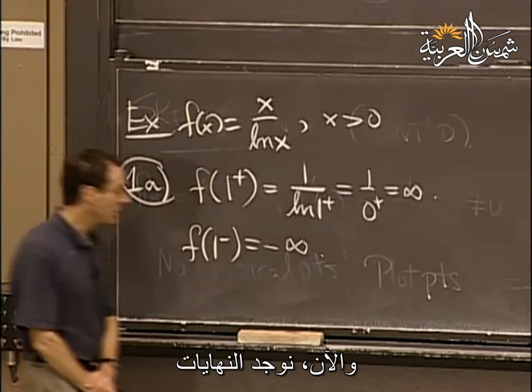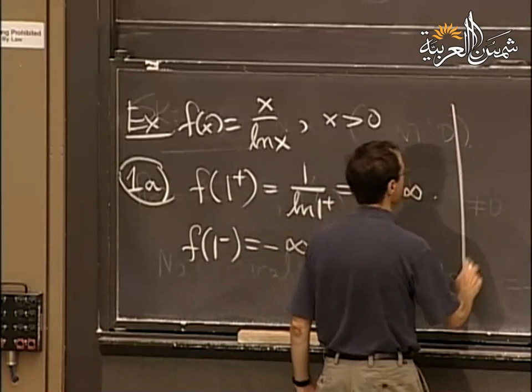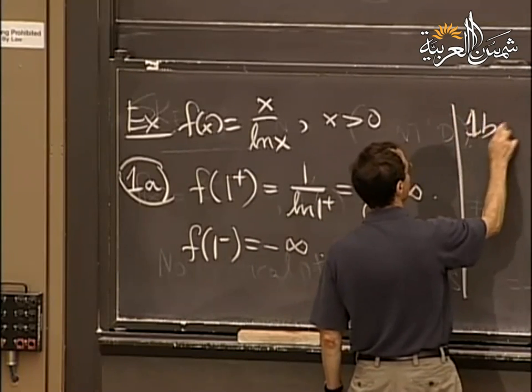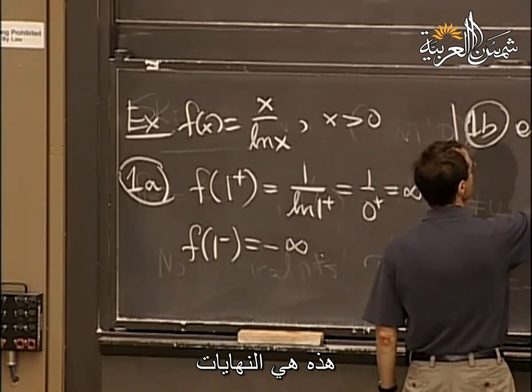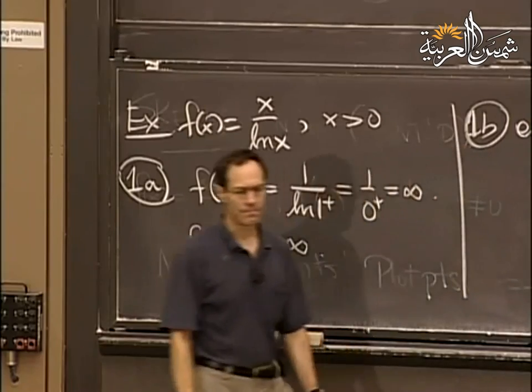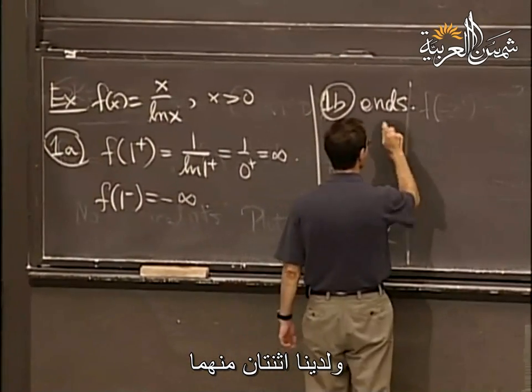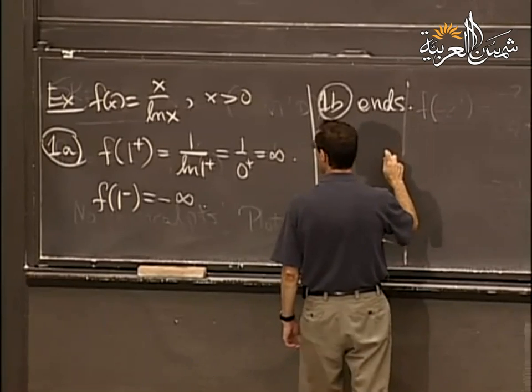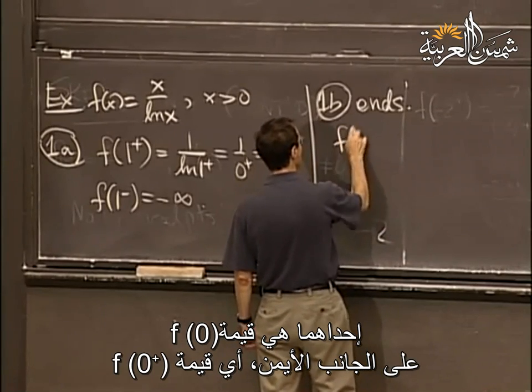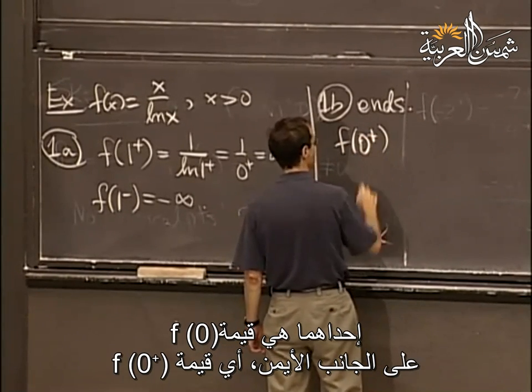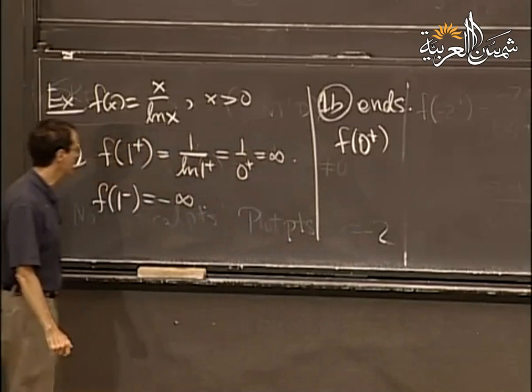All right? Now, the next thing I want to do is the ends. So I called these the ends. And there are two of them. One of them is f of 0 from the right, f of 0 plus.